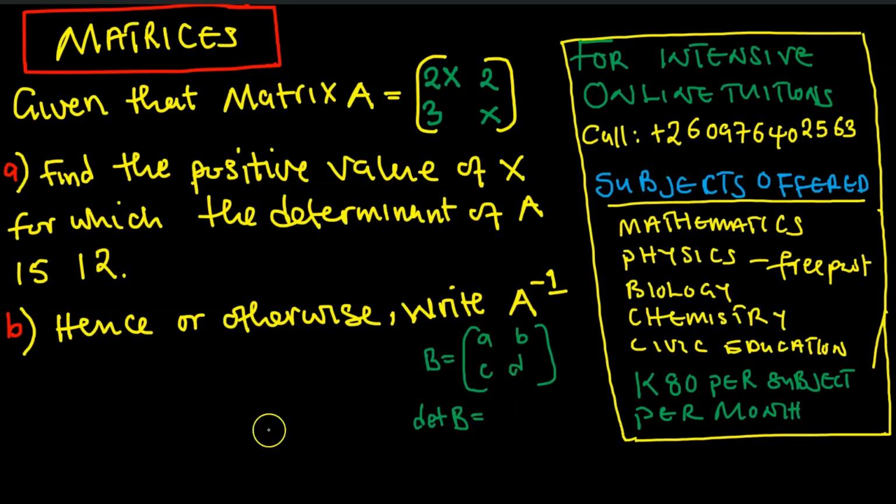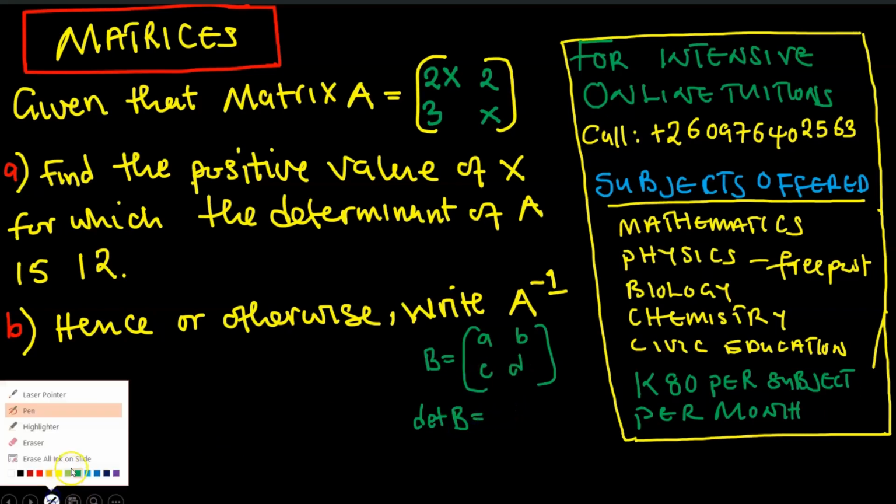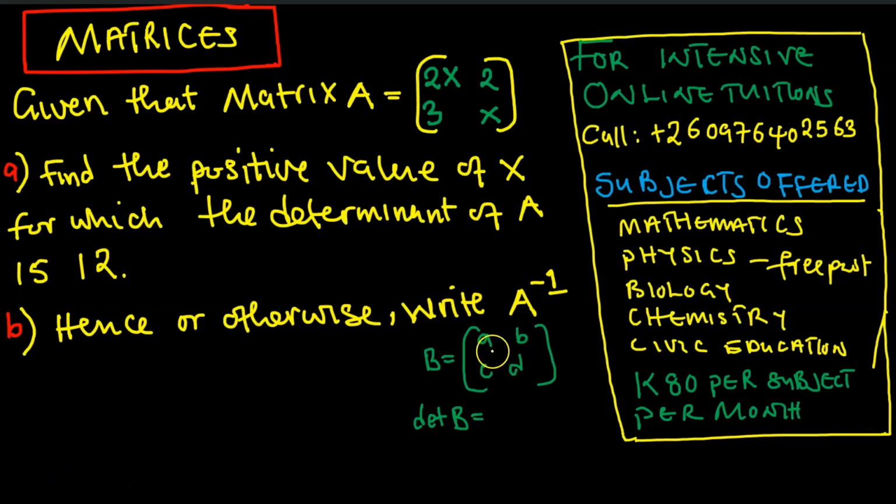in finding the determinant, you are going to multiply the major diagonal, and the major diagonal is this one. So multiply a and d, minus the minor diagonal, which is this one, which is b multiplied by c.